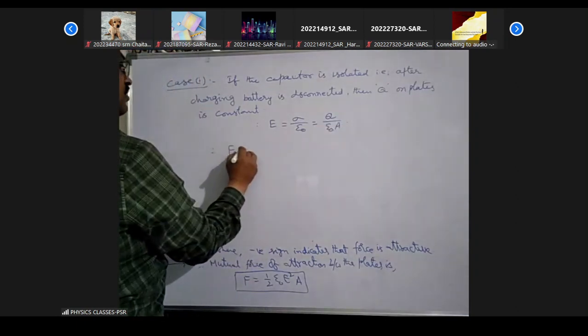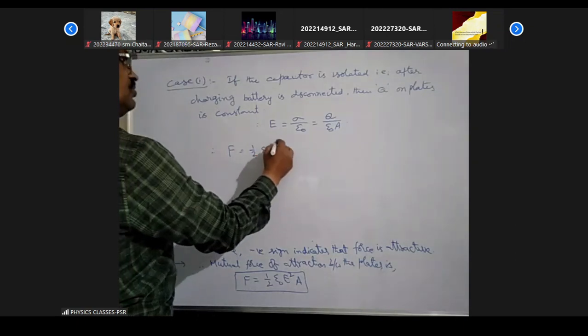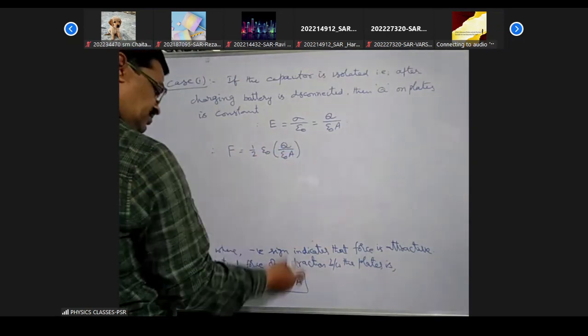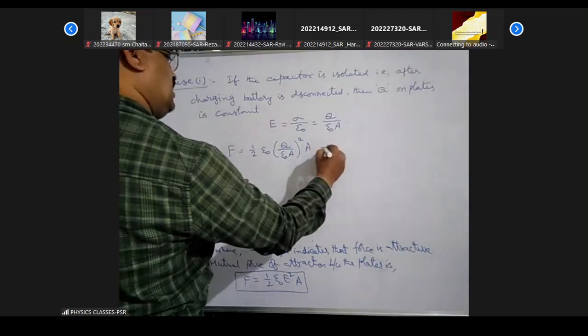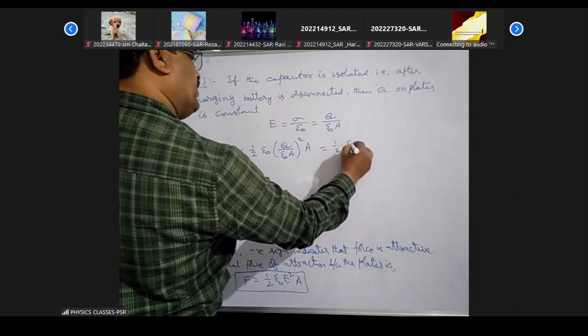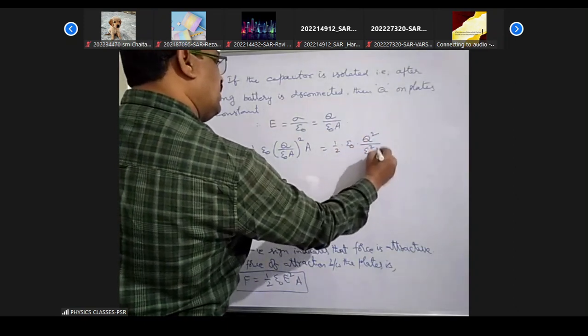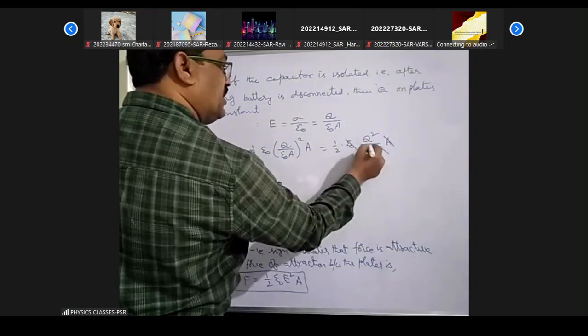Therefore, the mutual force of attraction is equal to half into epsilon naught into Q by epsilon naught A, whole square, into A. This can be written as half into epsilon naught into Q square by epsilon naught square A square into A. This square cancels, this epsilon naught cancels.